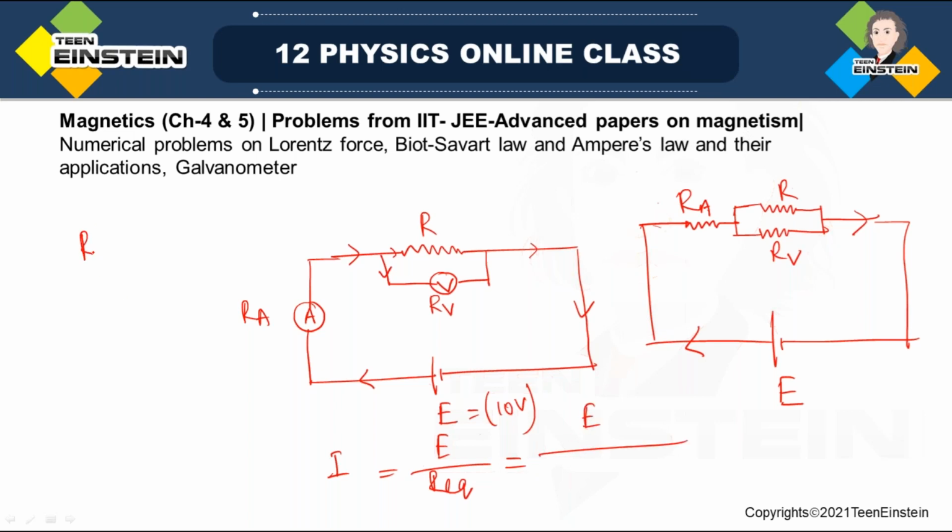R equivalent, look here, R equivalent is, see, RA in series and parallel circuit is R into RV divided by R plus RV. So this is actually the equivalent resistance. Now if we write it here, this is RA plus R into RV by R plus RV.